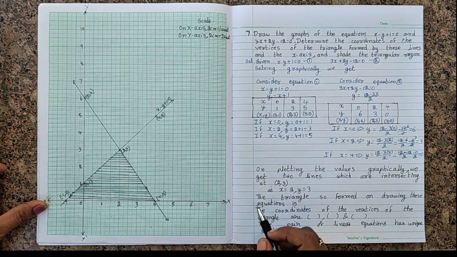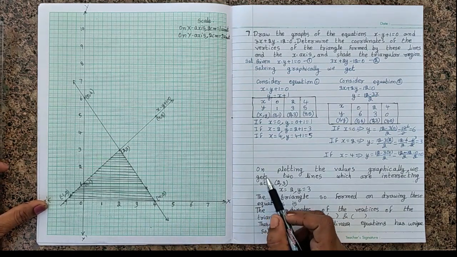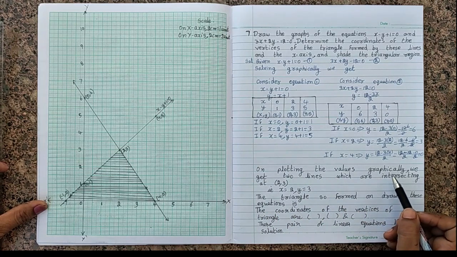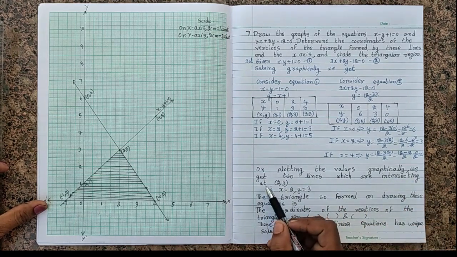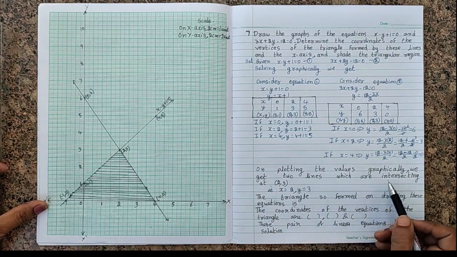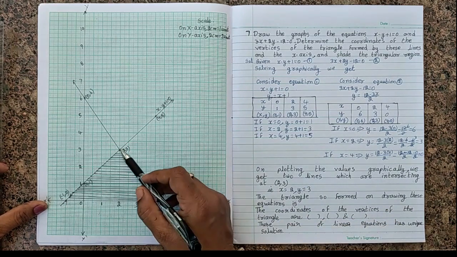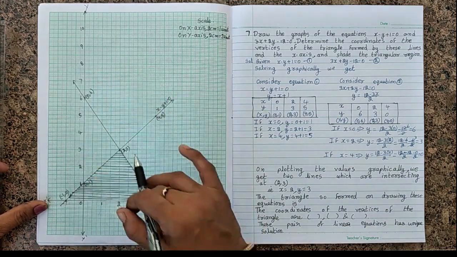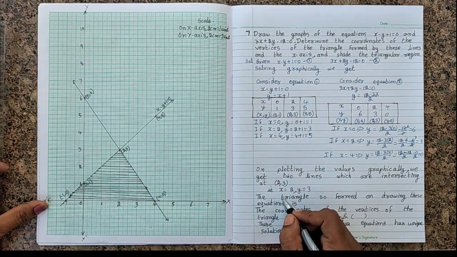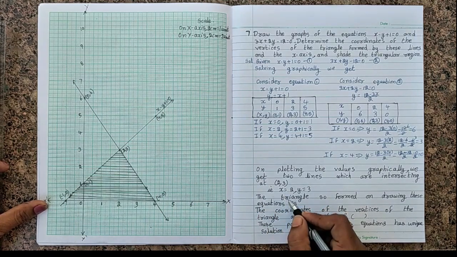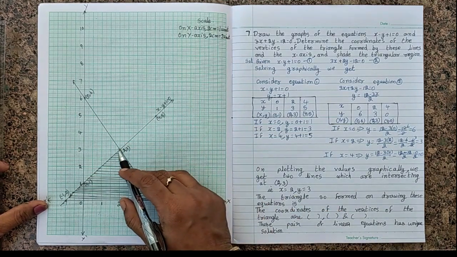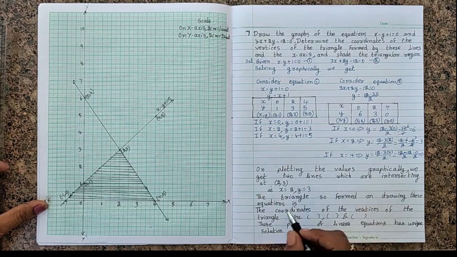Now see the conclusion of this problem. On plotting the values graphically, we get 2 lines which are intersecting at 2, 3. That is x is equal to 2 and y is equal to 3.